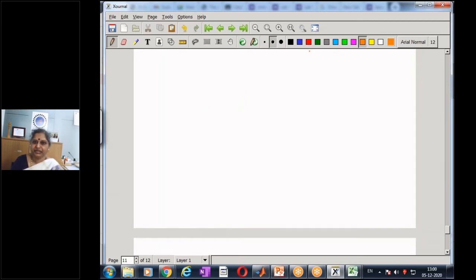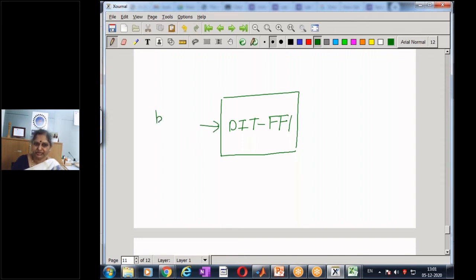If I have an algorithm that does the computation of the decimation in time FFT algorithm, my input to the algorithm is in the bit reversed order, and the output is in natural order.